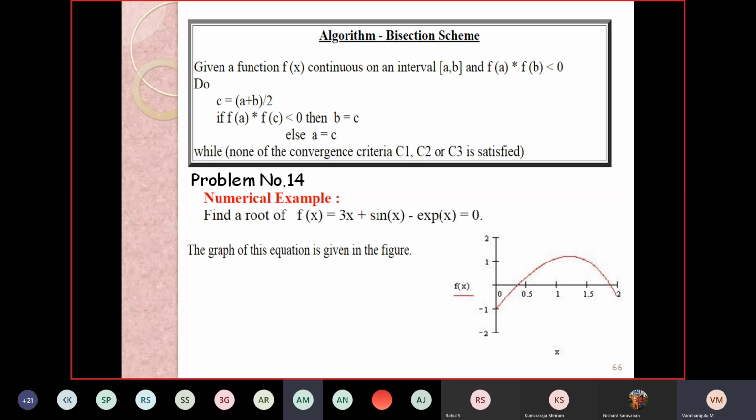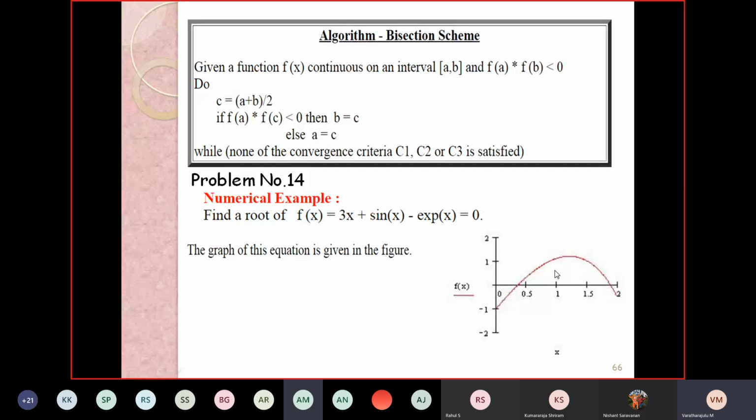Concerning this particular problem, the solution region is where the curve goes from negative to positive between 0 and 0.5. You can take this interval, or you can take 1.5 to 2. But during our examination, we don't have this picture to identify the interval.